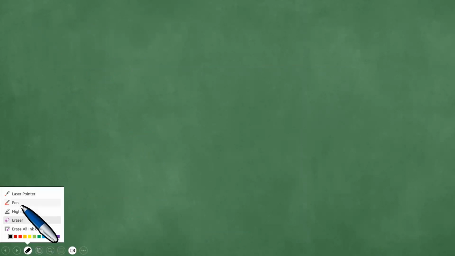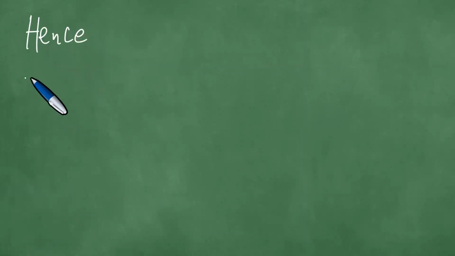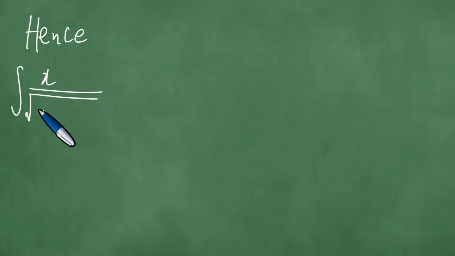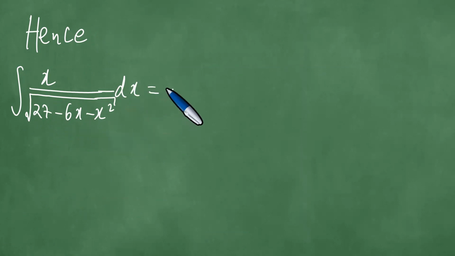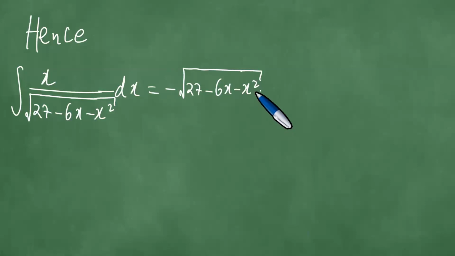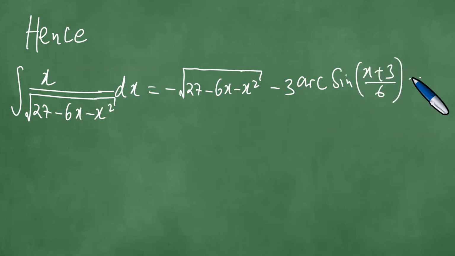So hence, the integral given to us, the integral of x divided by the square root of 27 minus 6x minus x squared dx, this integral is minus the square root of 27 minus 6x minus x squared, minus 3 arc sine x plus 3 out of 6 plus c, and this is the answer. Next question.